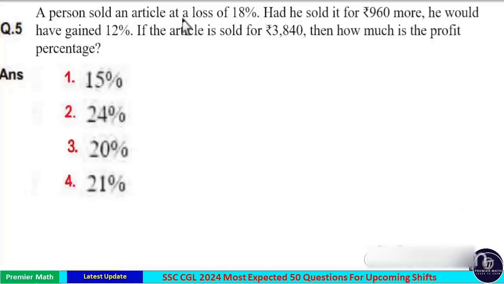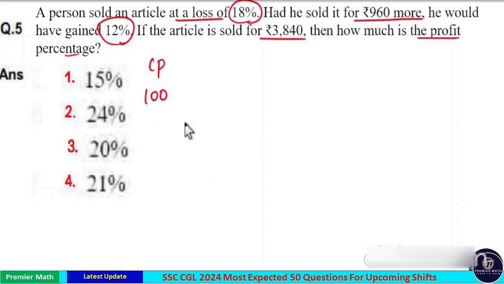A person sold an article at a loss of 18%. Had he sold it for 960 rupees more, he would have gained 12%. If the article is sold for rupees 3,840, then what is the profit percentage? Here consider the cost price of this article as 100 rupees.